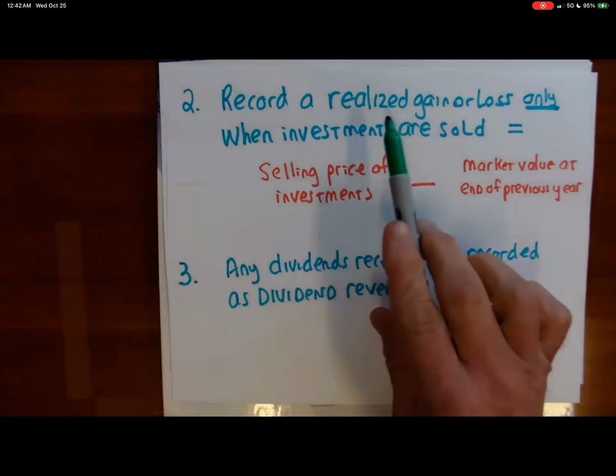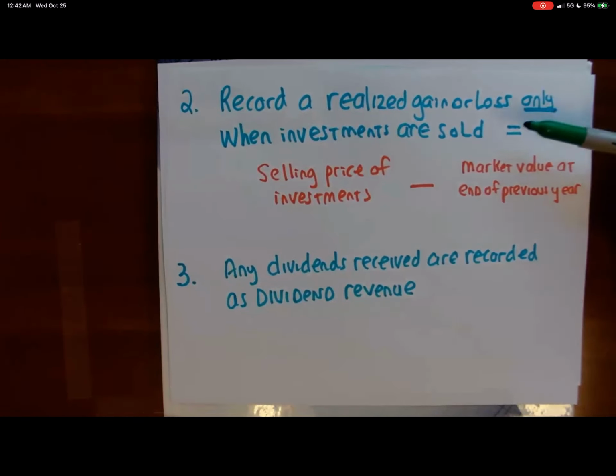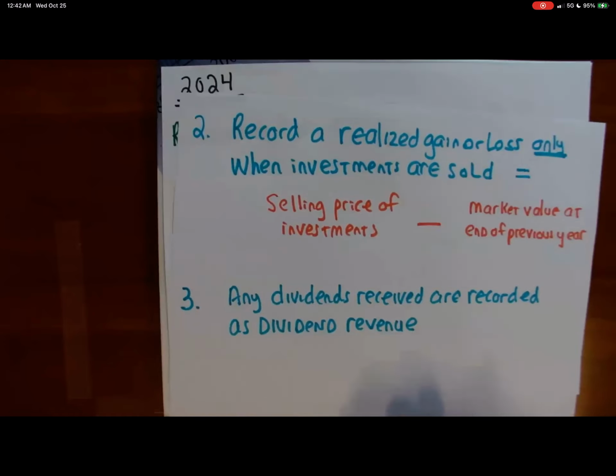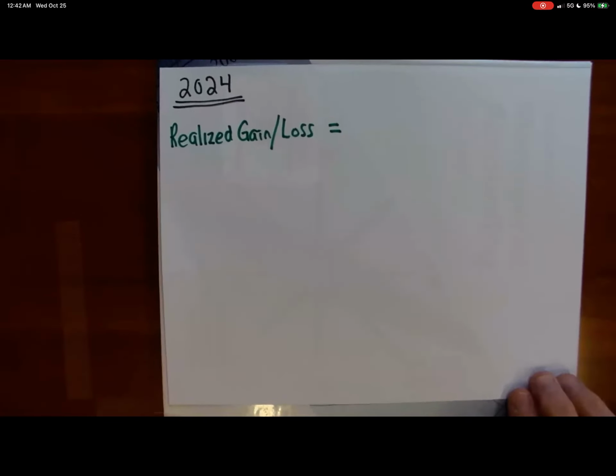You record a realized gain or loss only when investments are sold. And we did not sell any of those Zith Company shares in 2024. We bought them, but nothing was sold.